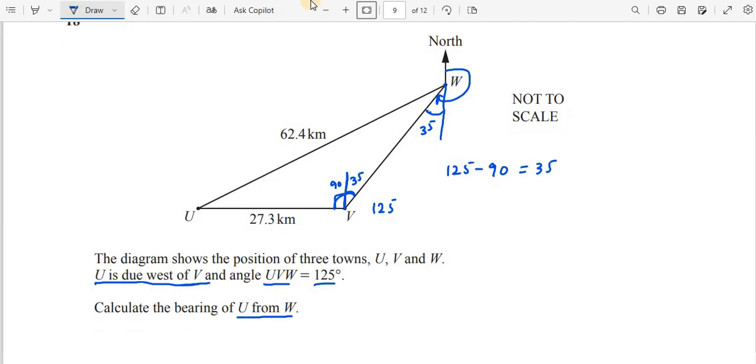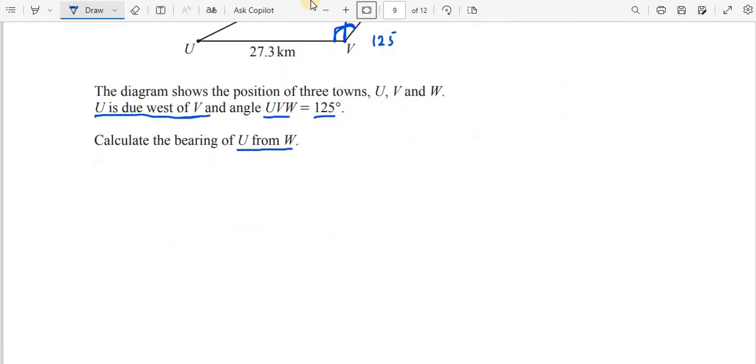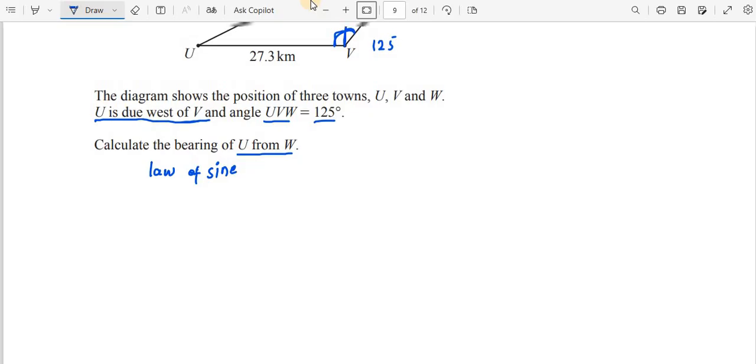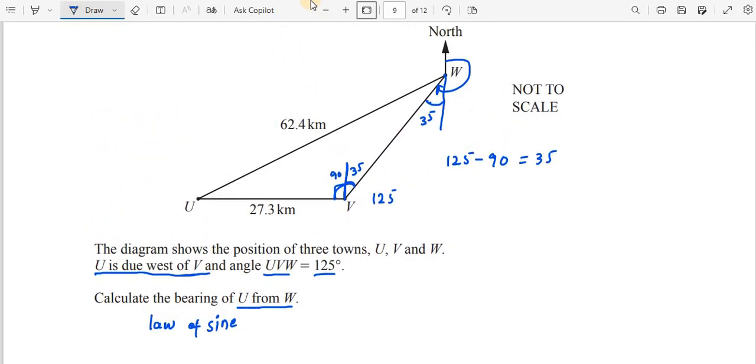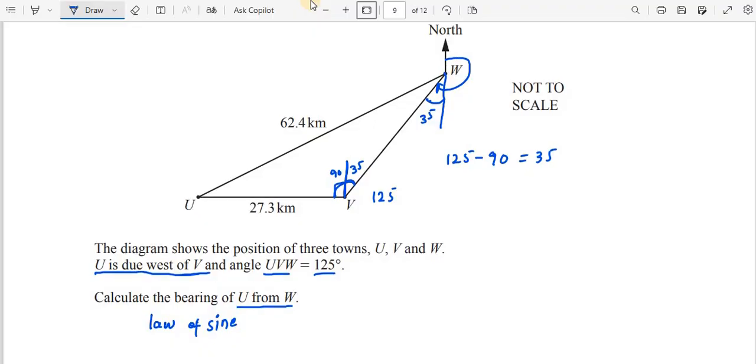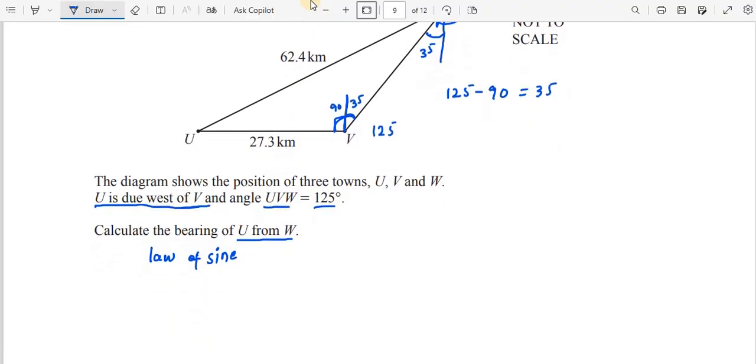So using the law of sine, sine W divided by the opposite side. The opposite side is 23.3.